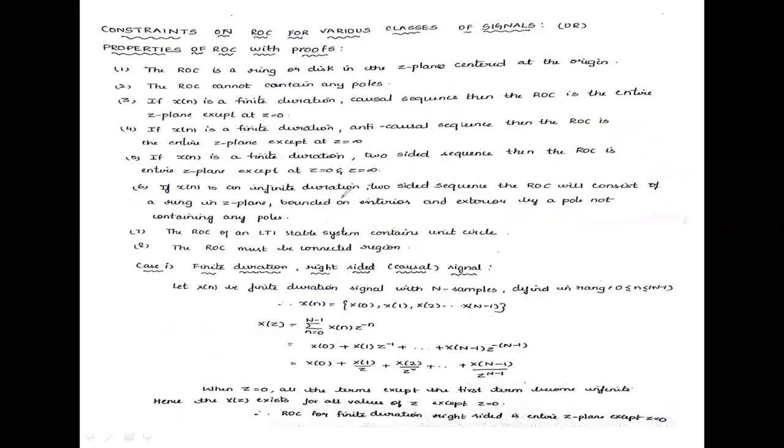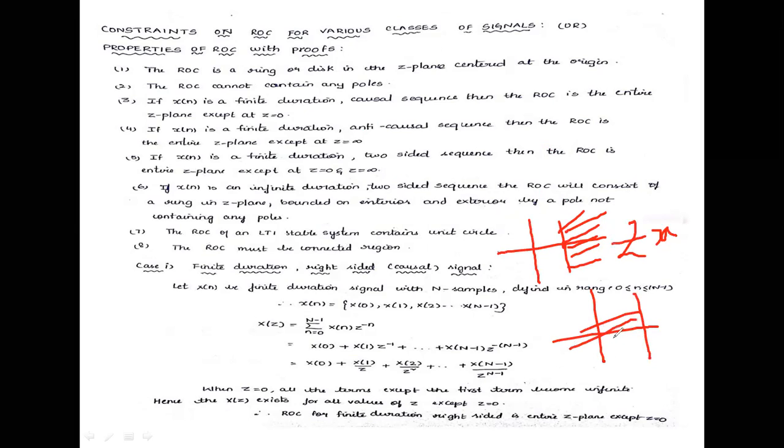If x of n is an infinite duration two-sided sequence, the ROC will consist of a ring in the Z plane bounded on interior and exterior by a pole, not containing any poles. Following that, seventh, the ROC of a linear time invariant stable system contains the unit circle. The ROC must be a connected region.